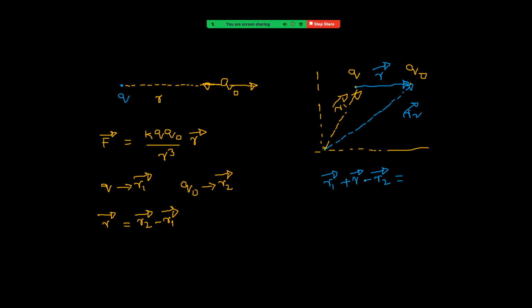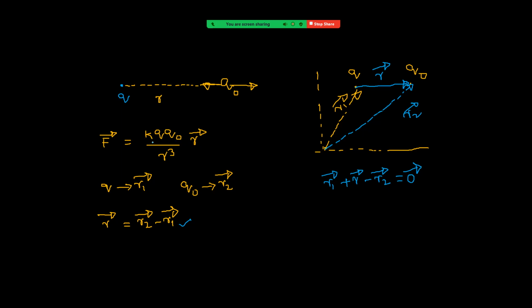That's why minus R2 bar. That is equal to 0 bar. Bar is important, okay? It is a null vector. So from this we got R bar equals R2 bar minus R1 bar, right? So this is the vector form of Coulomb's law. So when we are taking vector form, we have to take charges along with the signs, right?